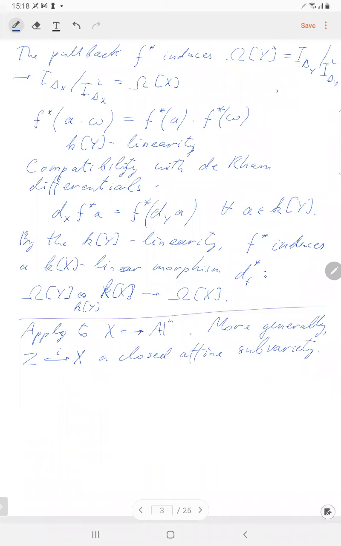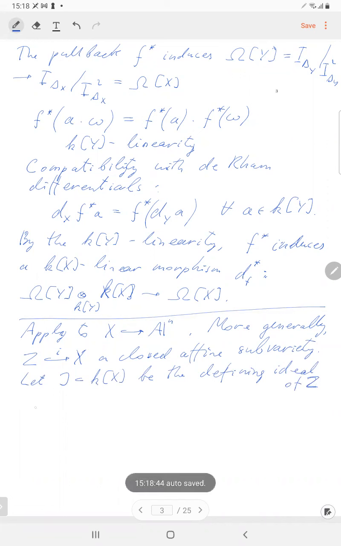Then let J in the functions on X be the defining ideal of Z, so the functions vanishing on Z. And then the claim is that we have an exact sequence of modules over Z as follows.